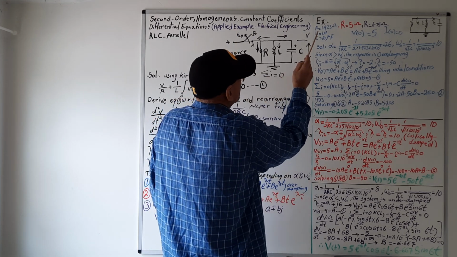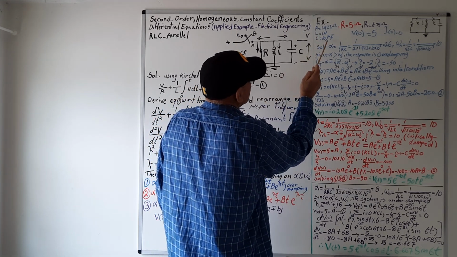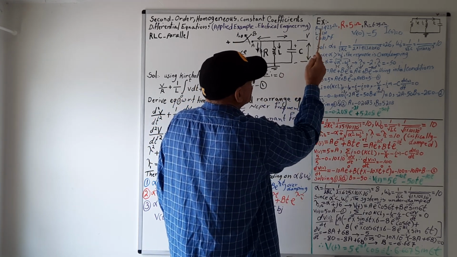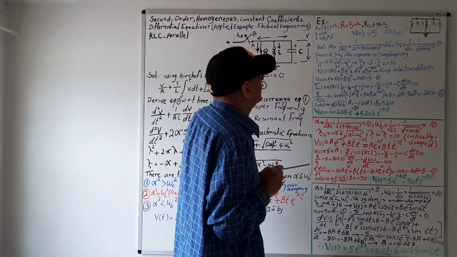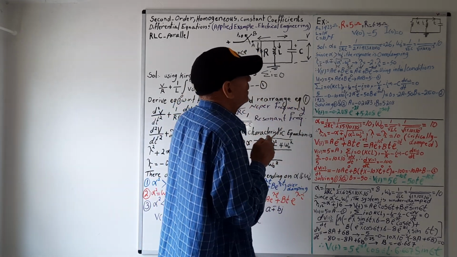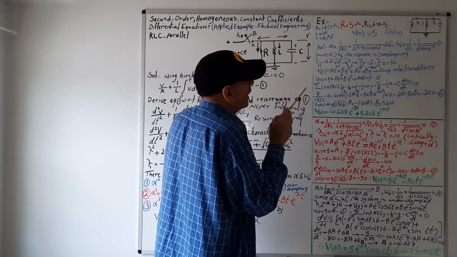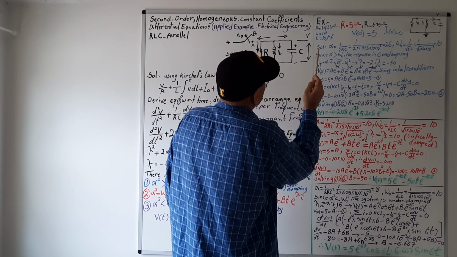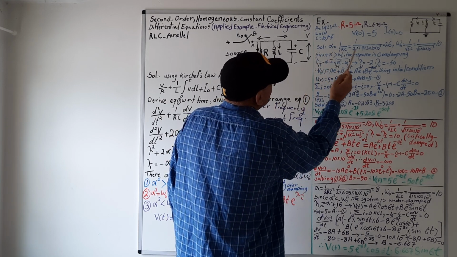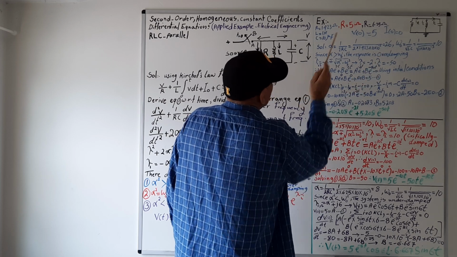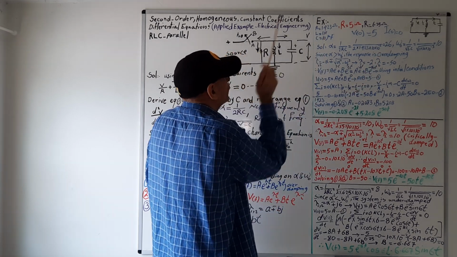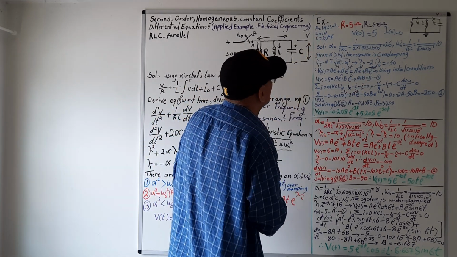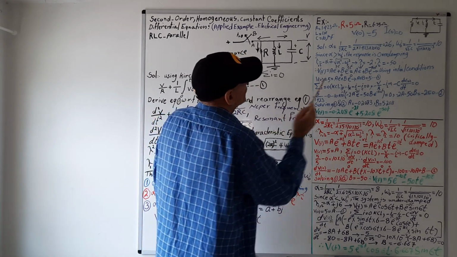And here we have an example with numbers. We kept the inductor and the capacitor at the same values, but we changed the resistance to see the values of alpha and omega naught. We find alpha, which is 26 for the first case, for this resistance of 1.923 ohm.